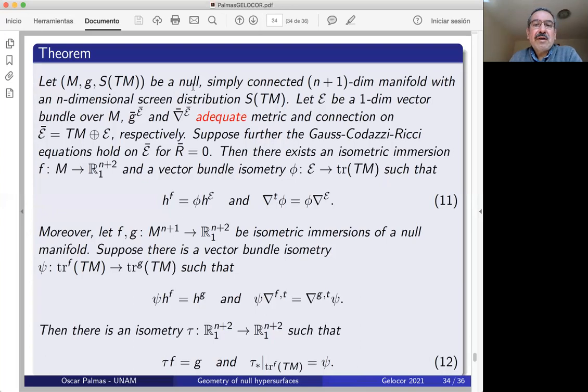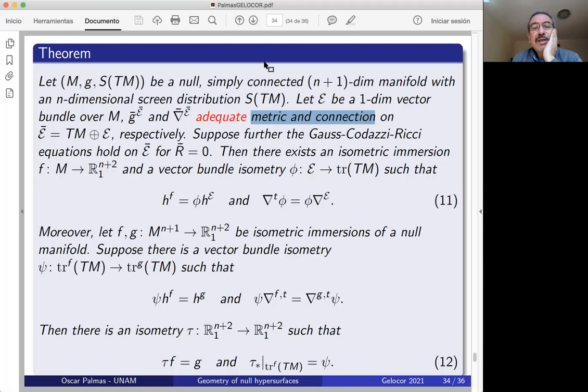We have a simply connected null manifold with all these elements and a screen distribution, and a one-dimensional vector bundle over M. We define this bundle as the sum of TM and our vector field E. We give a metric and a connection on this vector bundle, which satisfies some nice properties in order to have this compatibility between the metric and the connection.